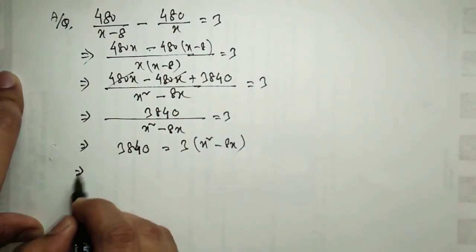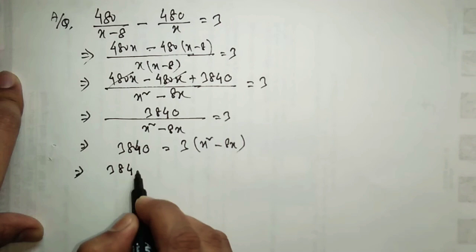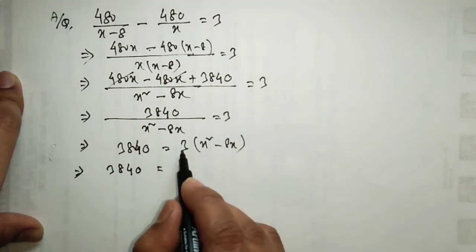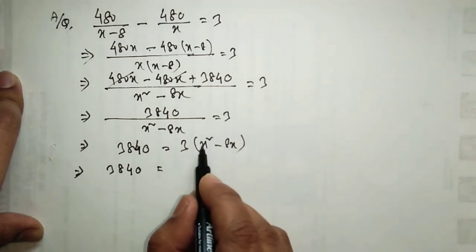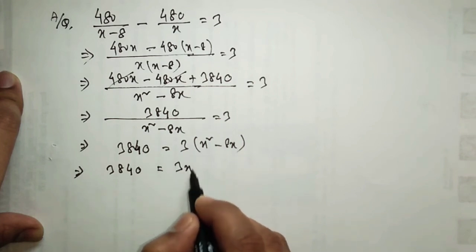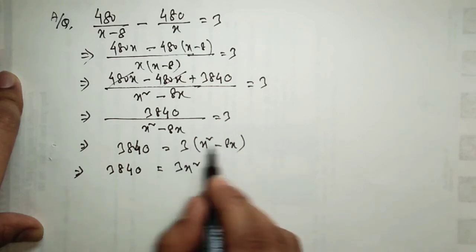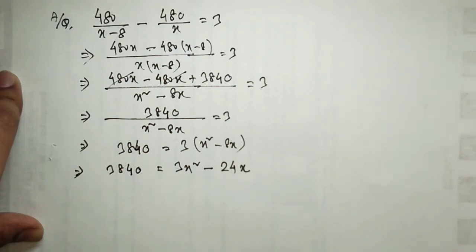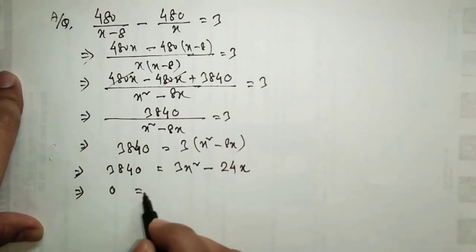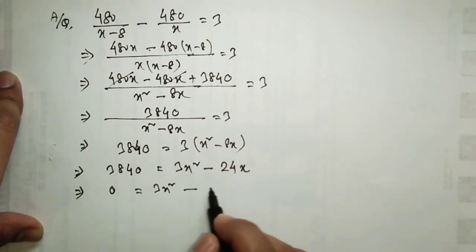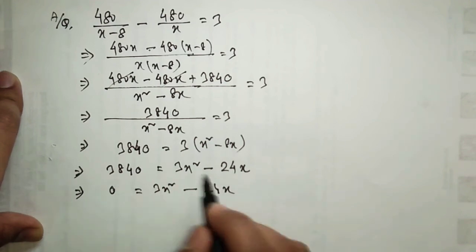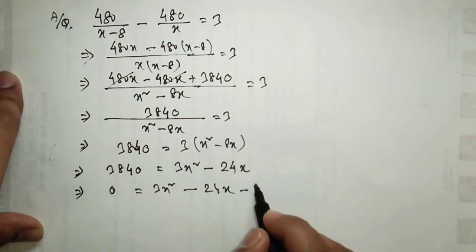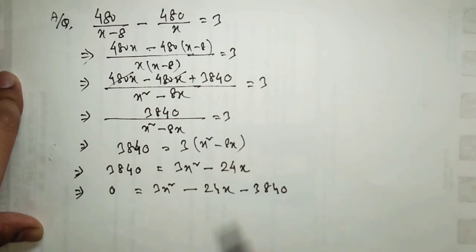Left hand side as it is, 3840 equal to 3x square minus 24x. Take 3840 to the right side, so 0 is left here, 0 equal to 3x square minus 24x minus 3840.